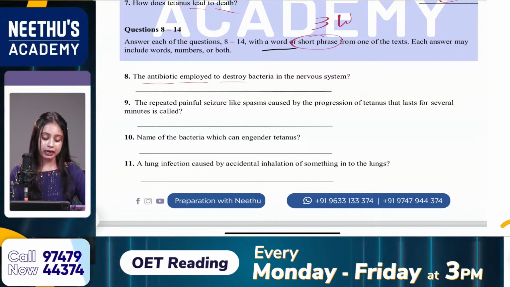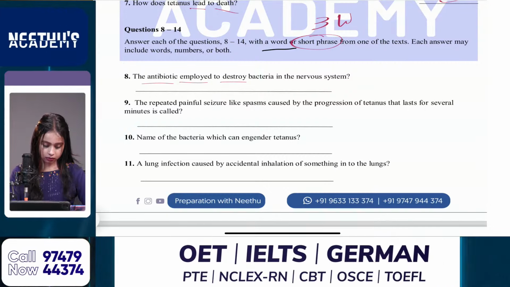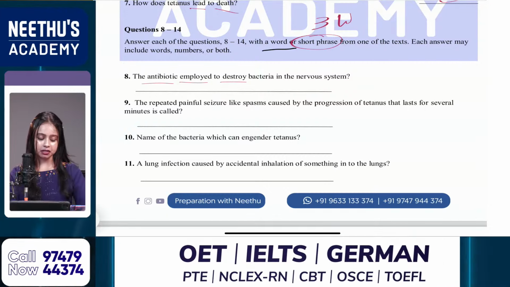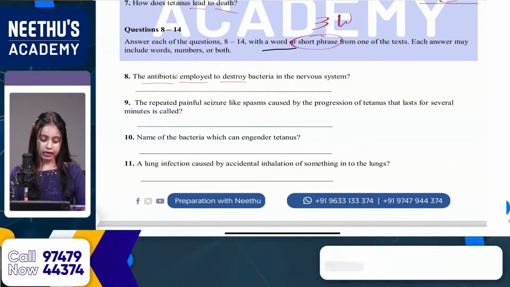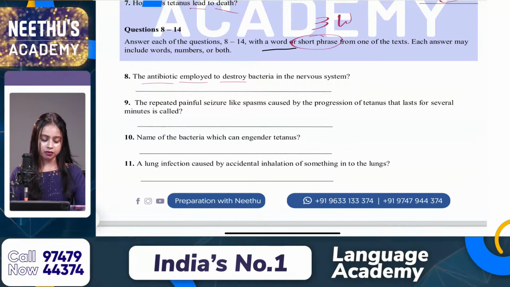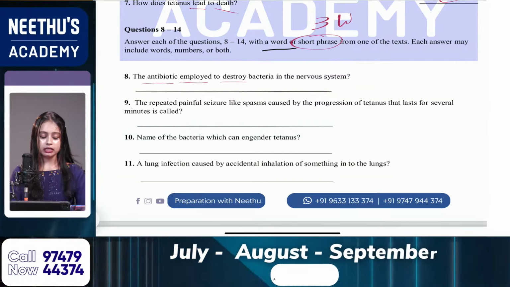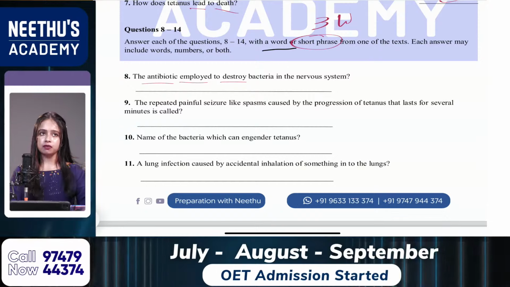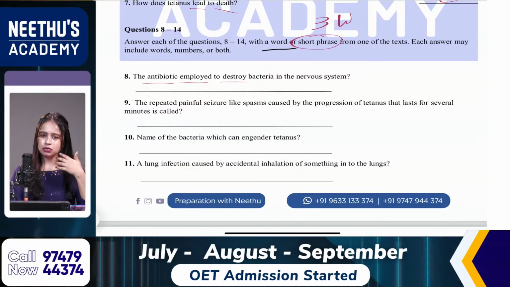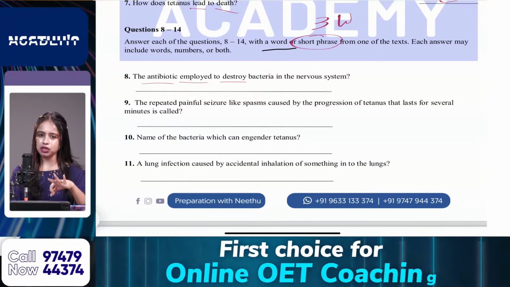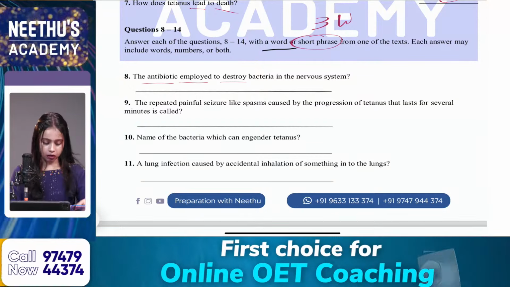So the answer is penicillin. Okay, Tindu, penicillin. Okay, Kavita, it is penicillin. Yes, Reshma, yes, Monisha, and your keywords: antibiotic, destroy, nervous system. So actually antibiotic, destroy, nervous system means 4 keywords. As I mentioned earlier, it's maximum 3. That's enough.